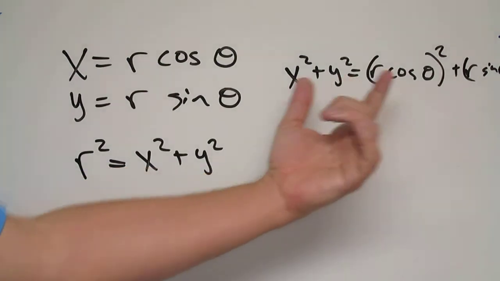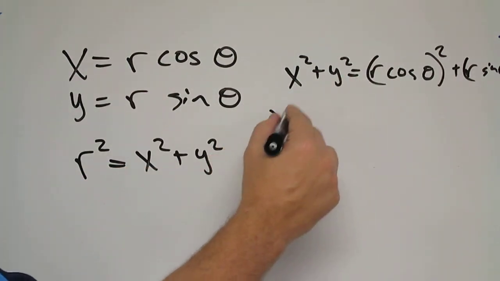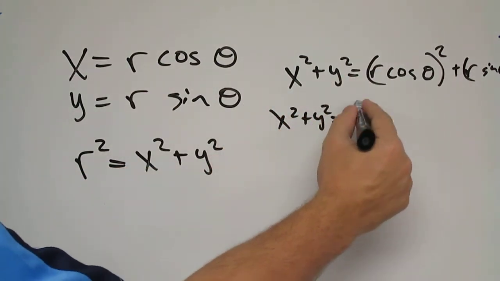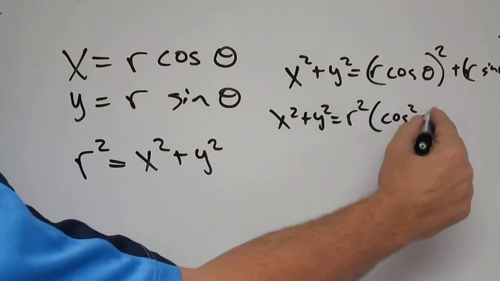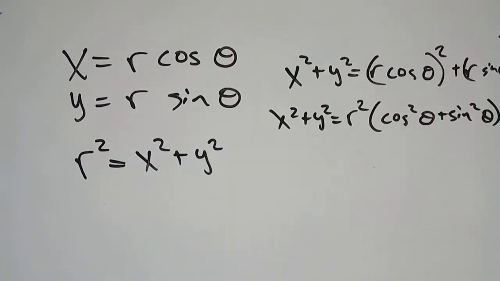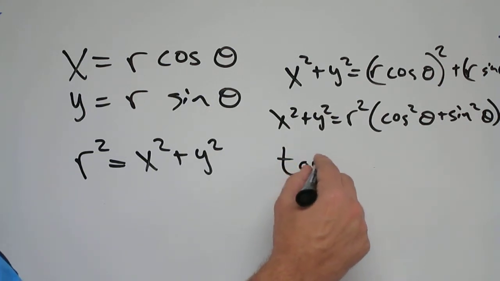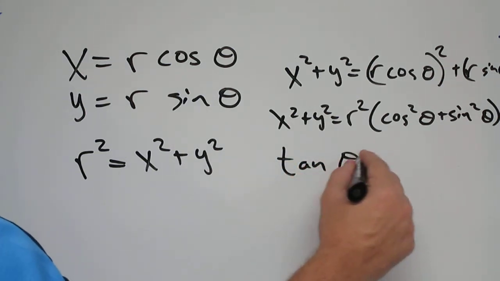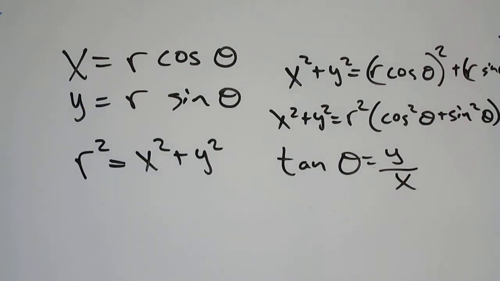If I factor out an r squared from both of those, I get x squared plus y squared equals r squared times cosine squared theta plus sine squared theta, which we learned last chapter equals 1 by one of the Pythagorean identities. So we just end up with x squared plus y squared equals r squared. The other thing we already talked about is that the tangent of theta is equal to y over x. That's how we figured out the angle from rectangular, by doing an inverse tangent of y over x.